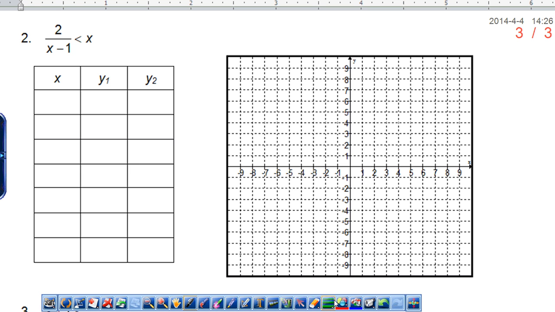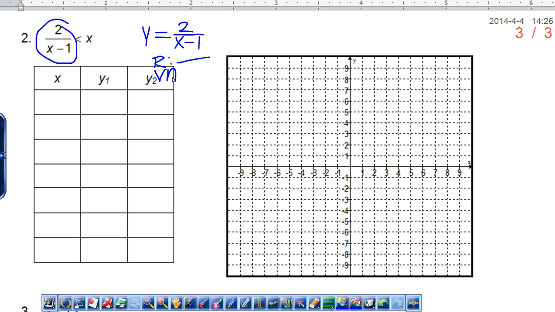All right, I'm going to start by coming up with my information to plot my rational curve, 2 over x minus 1. All right, roots. None. Good.